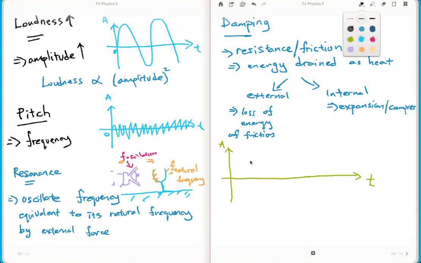You have some wave. This is just my guiding line, the amplitude dies off eventually. It is not the actual line, it is how the graph should look.